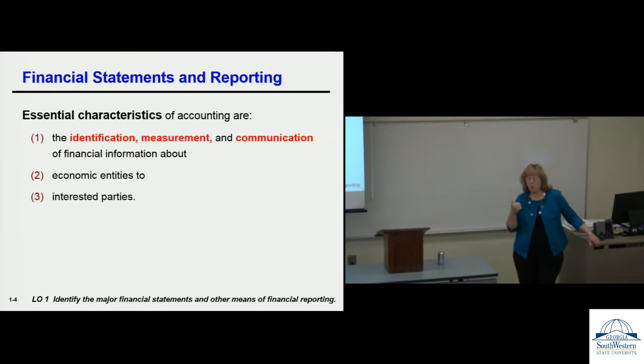So we want to know what kind of financial information is going to be on the financial statements and how we are going to measure it. Well, you might think this seems obvious. Do you? Because there are several different ways to measure things. If you pay for something in cash, then it's obvious what the measurement is going to be. But what's another way of measuring something?